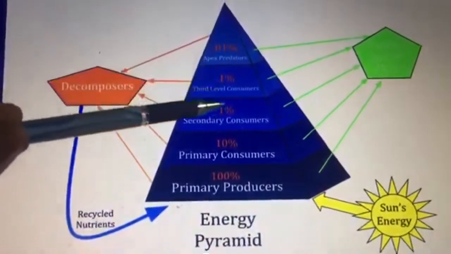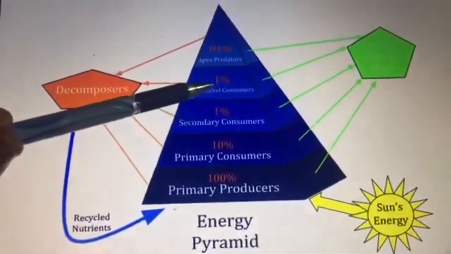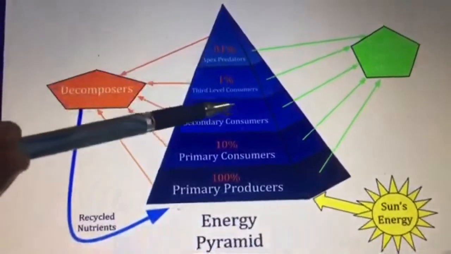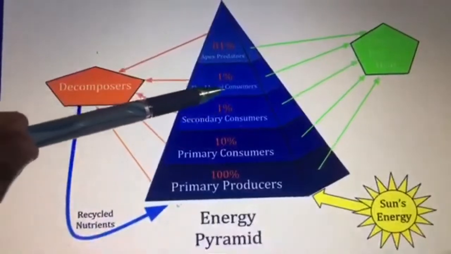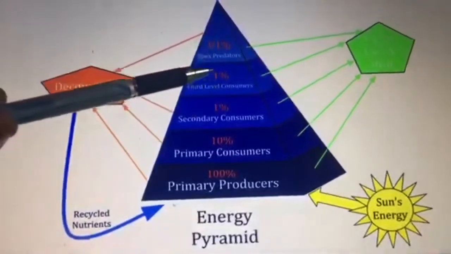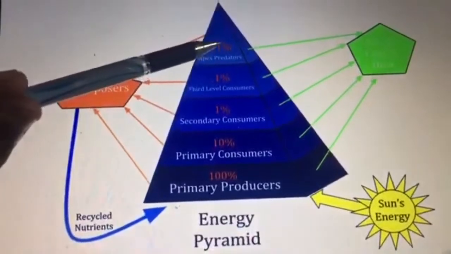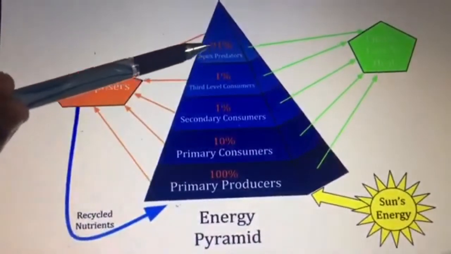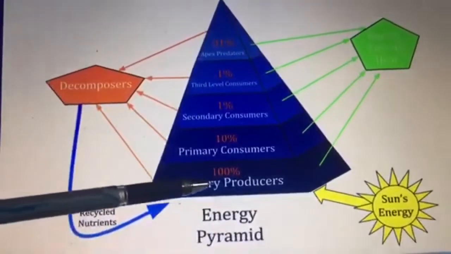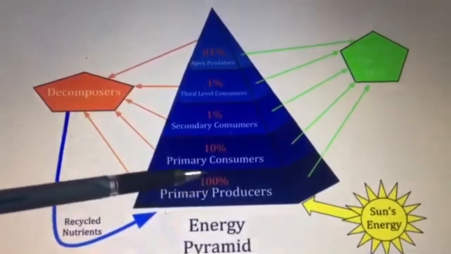When the secondary consumers are eaten by the third level consumer, only 0.1% of the energy is transferred. And when the third level is eaten by another trophic level organism, only 0.01% is transferred.